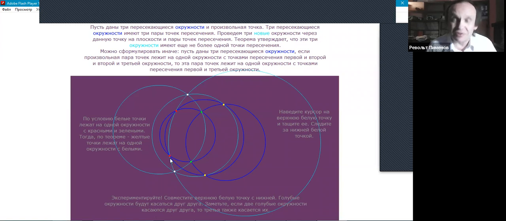And after this, we have not two pairs of symmetrical points, but three pairs of symmetrical points. And we must be sure that the symmetry defined by these two pairs is equal to the symmetry defined by another two pairs.